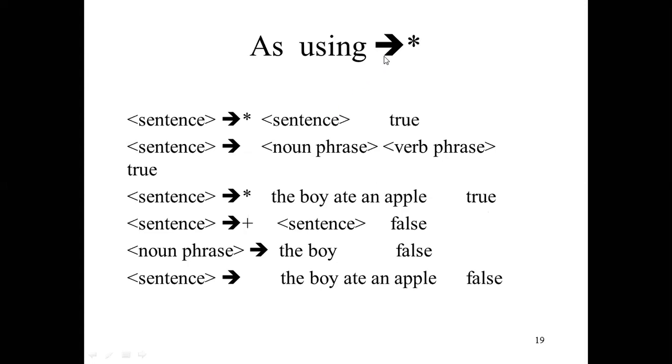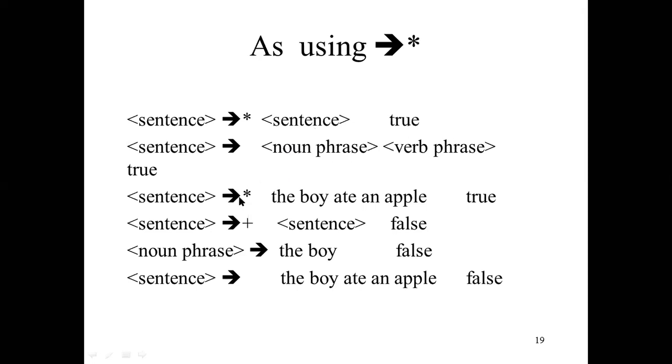Similarly, with the arrow star sign, sentence arrow star sentence means zero or more steps. Is it true or not true? This is equivalent. Similarly, you can again break sentence into noun phrase and verb phrase. This is true because in one step you can break up to only this.